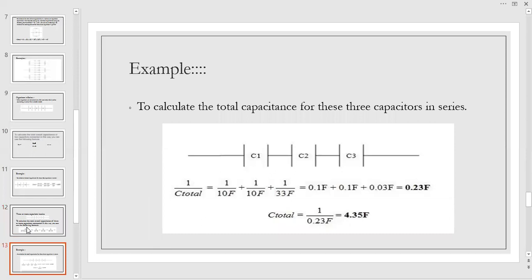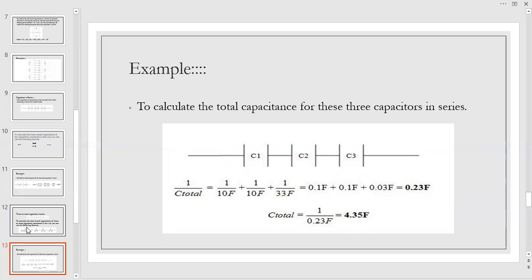Example: to calculate the total capacitance for these three capacitors in series, C1 equals 10F, C2 equals 10F, and C3 equals 33F. The formula is 1 by C total equals 1 by C1 plus 1 by C2 plus 1 by C3.